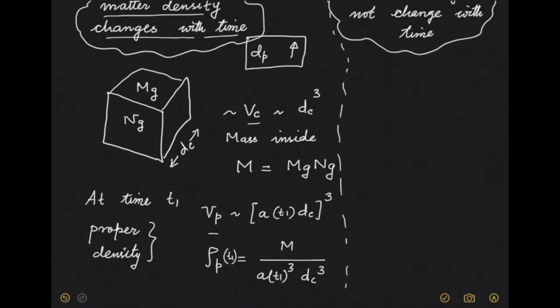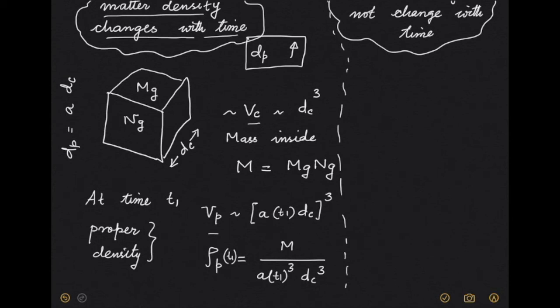It has to happen because for any expanding universe model, the relation between the proper density and the comoving density has to be this. If you consider a comoving volume of size dc, then this will happen.